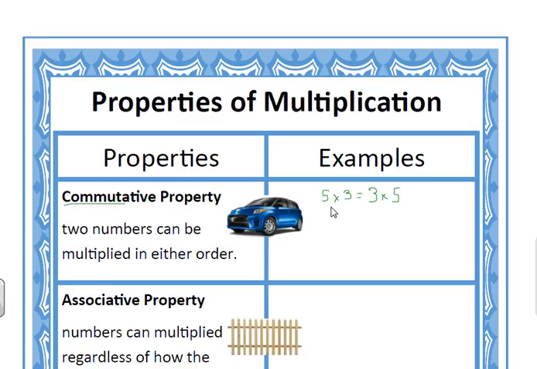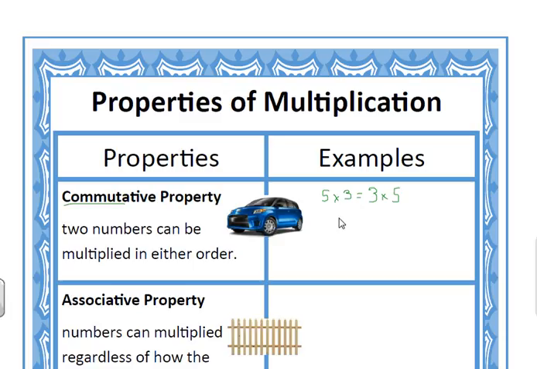Now we saw something like this in our addition. But remember, the equal sign is like a balance. Both sides have to be the same. This side needs to be the same as this side. And with the commutative property, you can change them around. So 5 times 3 is the same as 3 times 5.